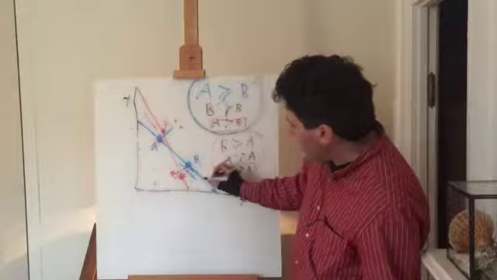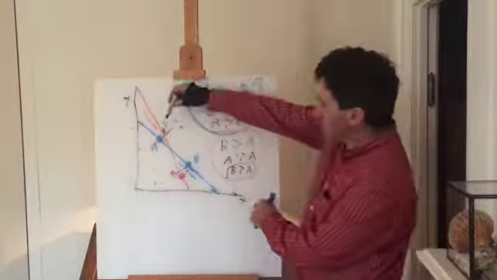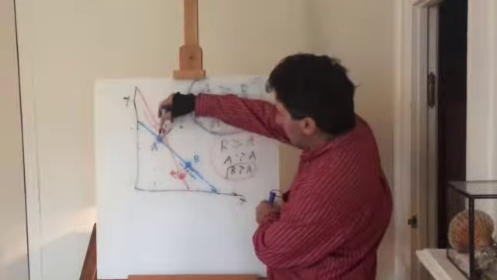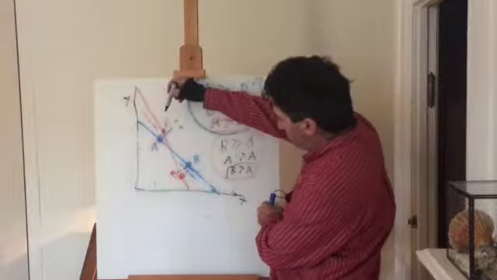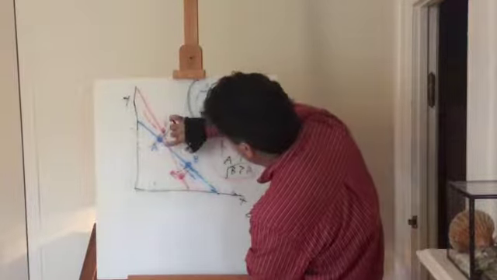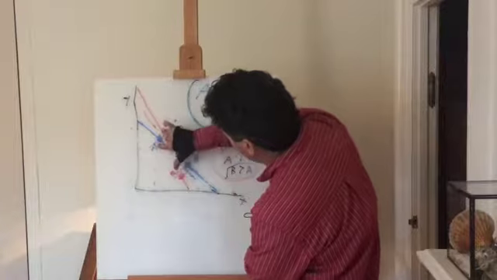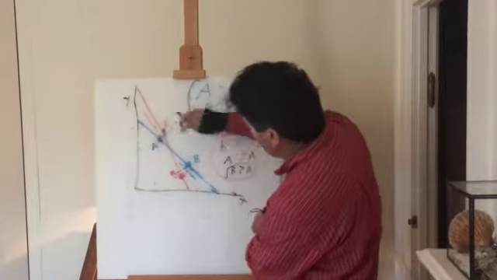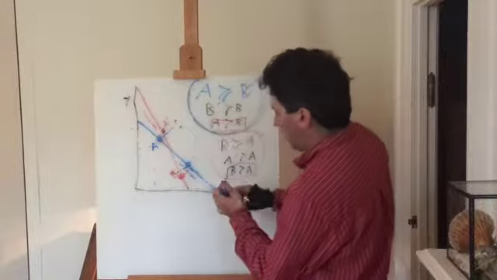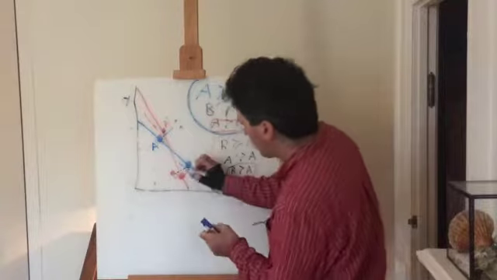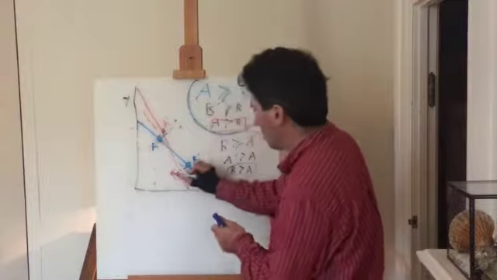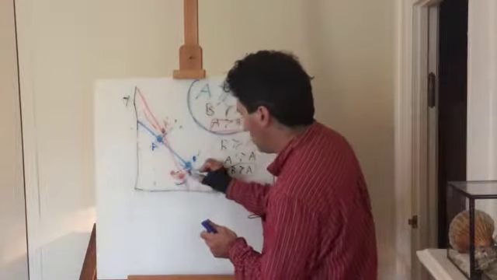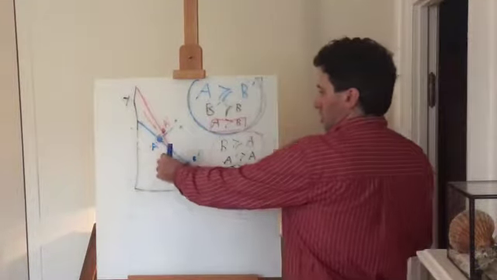So one way of thinking about it is, suppose that instead of choosing A under the blue budget constraint and choosing B under the red budget constraint, which we say they did, suppose they had reversed it.